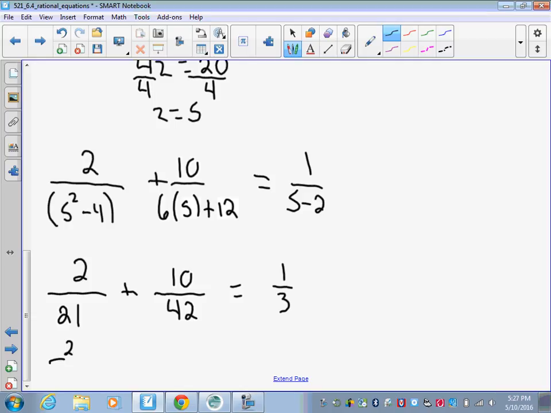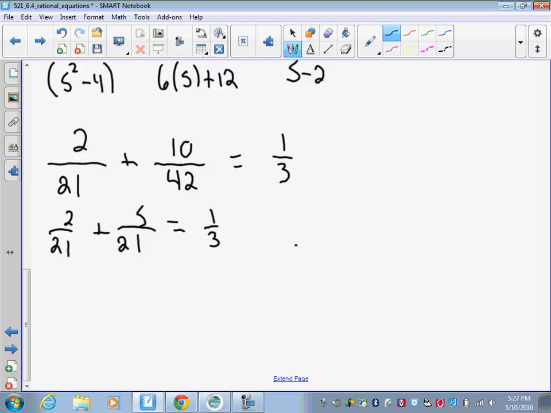So 2 over 21 plus 5 over 21 is equal to 1/3. 2 plus 5 is 7 over 21, which is 1/3 when you reduce it down. 1/3 equals 1/3. Check. Works.